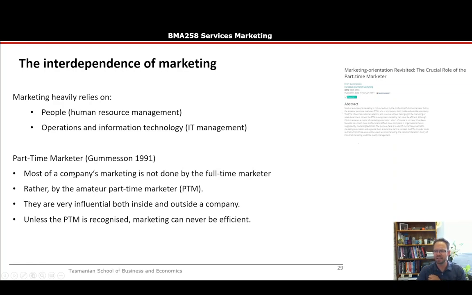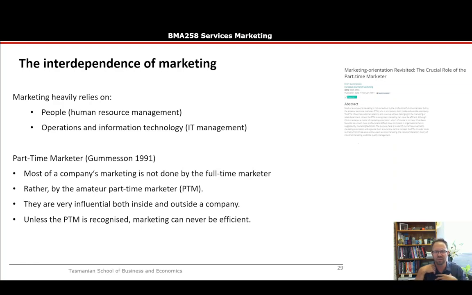Now, the idea of part-time marketing is that most of a company's marketing is not actually done by us, the marketing department, right? So when you're learning about marketing, by the time you finish your business degree with a marketing major, you should be able to take on the role of a marketing manager, right? But it's not really us as marketing people that do most of the marketing.